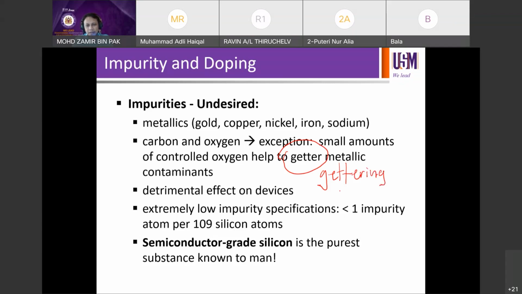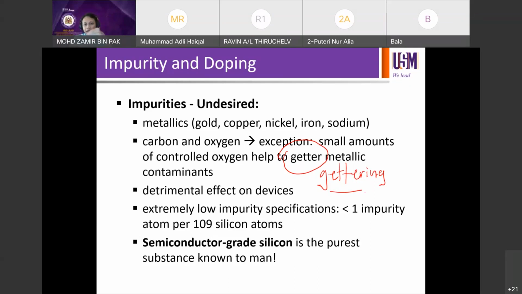Gettering, okay? So this gettering process is where you accumulate all the unintended metal contaminants in the device into a specific region of the device that you can then remove eventually. So we gather the metallic contaminants into one passive region in the device, not in the active region, because the active region is where you want the device to operate.